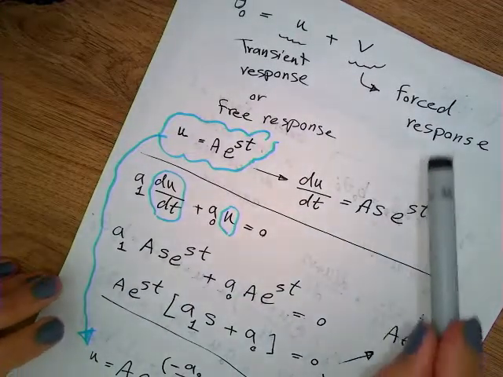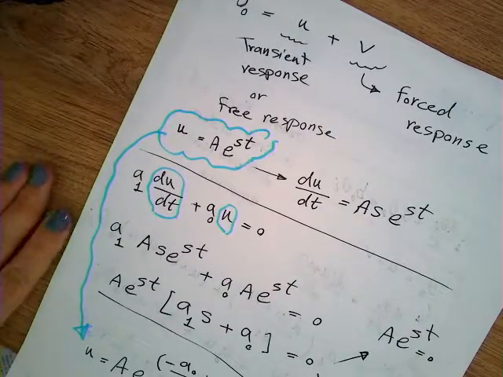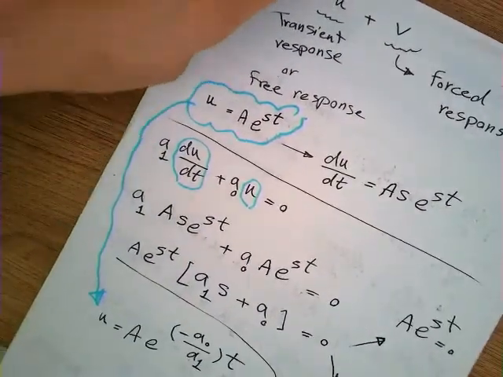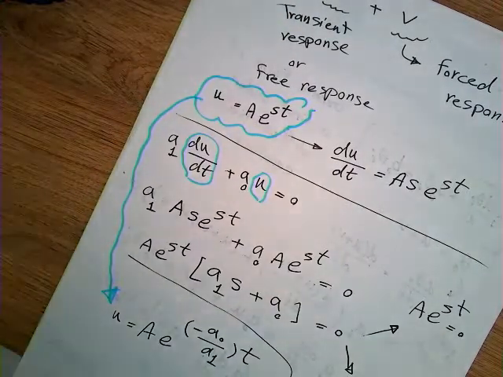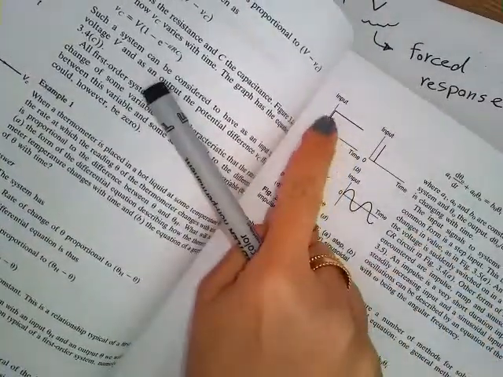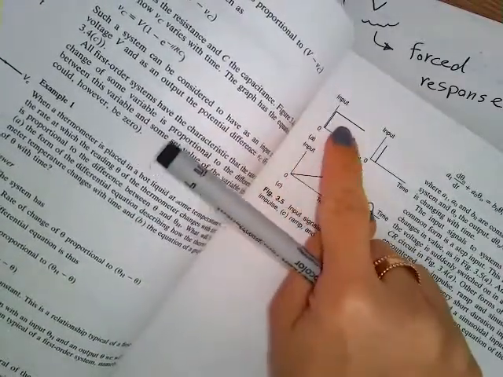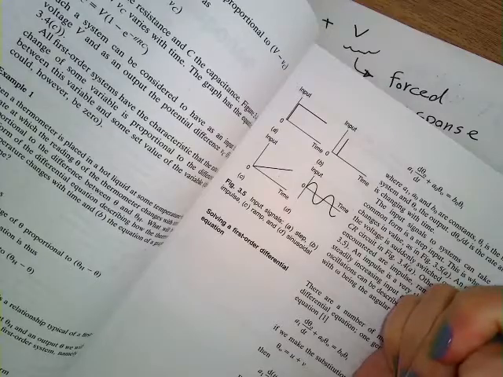Now, for the forced response, there are many different types of functions that we can assume. So, if we look at, for example, the step input, which we looked at here. So we are looking at the constant. So we should write the v that we have here is equal to a constant for the step input signal.